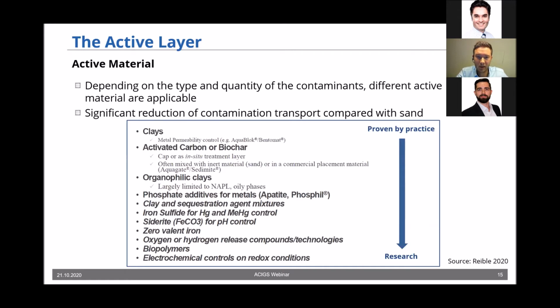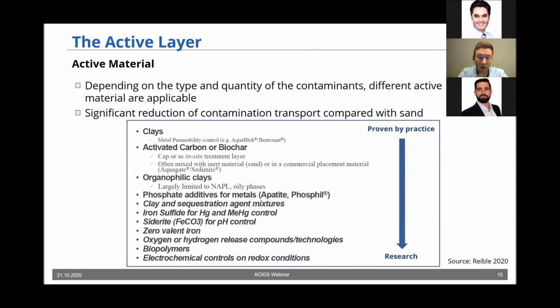There are different active materials that have been proven by practice and demonstrated very well. This is especially clays, activated carbon and biochar, and the organophilic clay. At Huesker, we also use the AC, the activated carbon, and the OC, the organophilic clay, in order to deal with organic compounds.